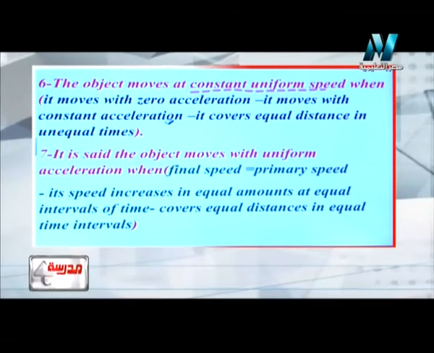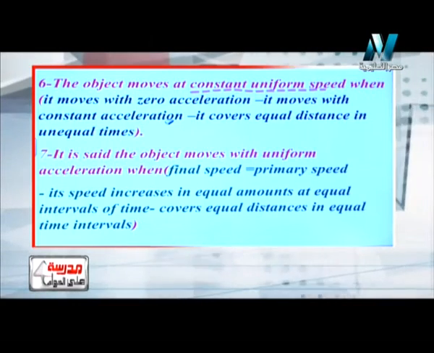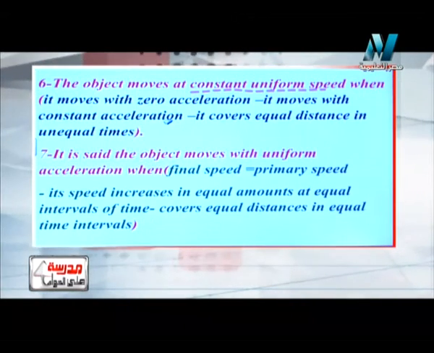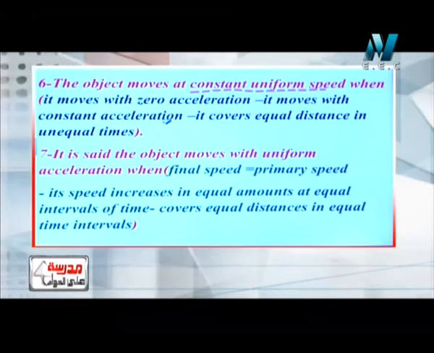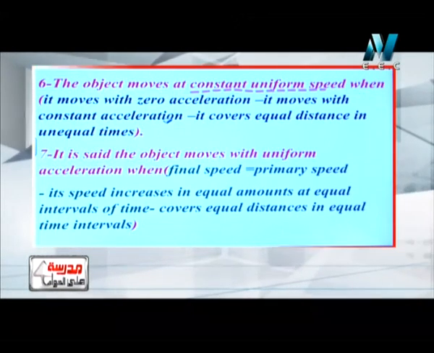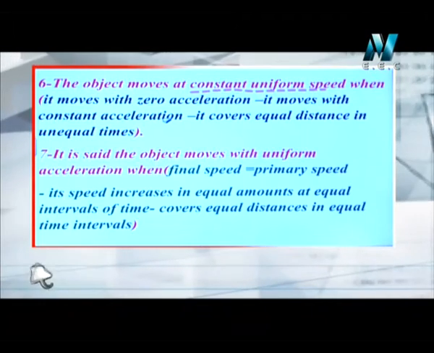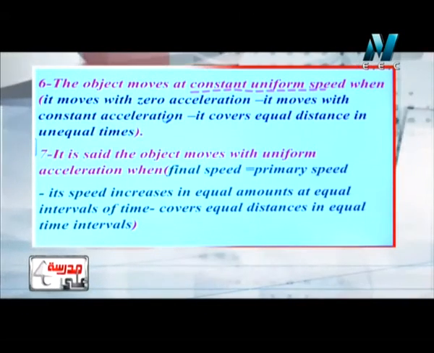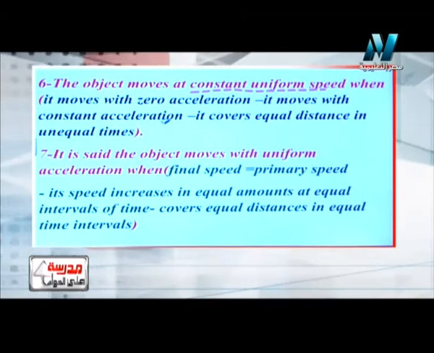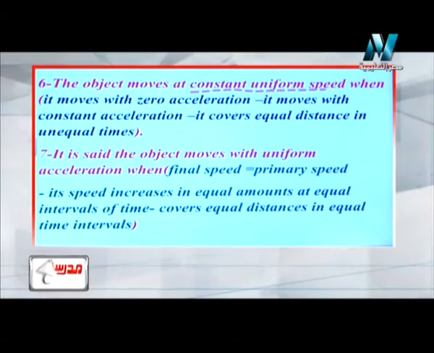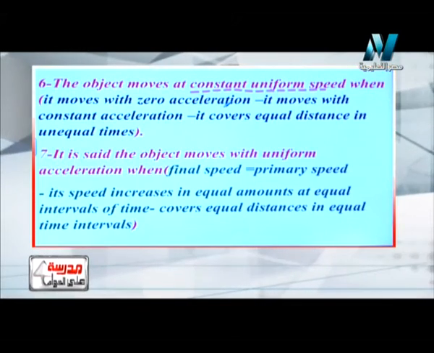We can't choose number 3 at all. It covers equal distance in unequal times. No, because here we talk about uniform, not non-uniform. So we can't choose number 2. It moves with constant acceleration, because constant acceleration means uniform acceleration.